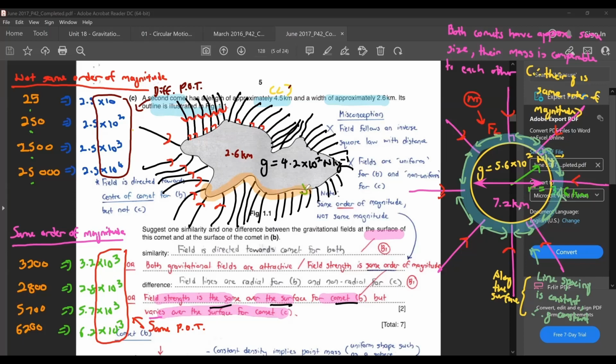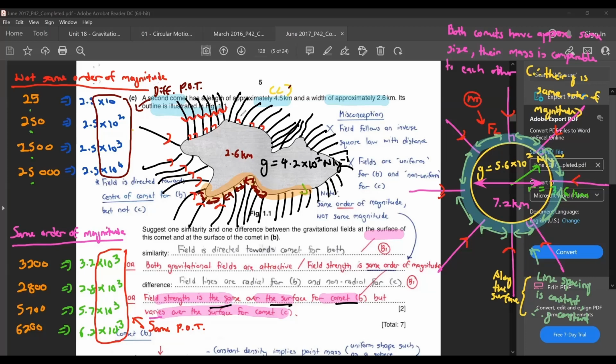All right. What can you say about the line spacing? See, this one is like this, like this, like this, like this, like this, and then like this, right? I mean, if I ask you, can you say that the line spacing is going to be the same throughout the surface? You cannot say so, right? Because the comet is irregularly shaped in the first place. The line spacing you can see are not going to be the same throughout.